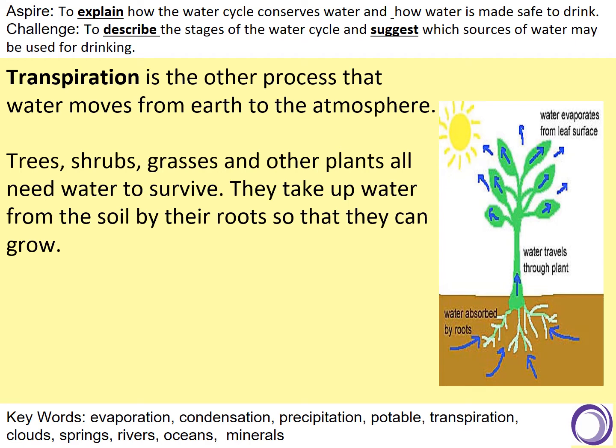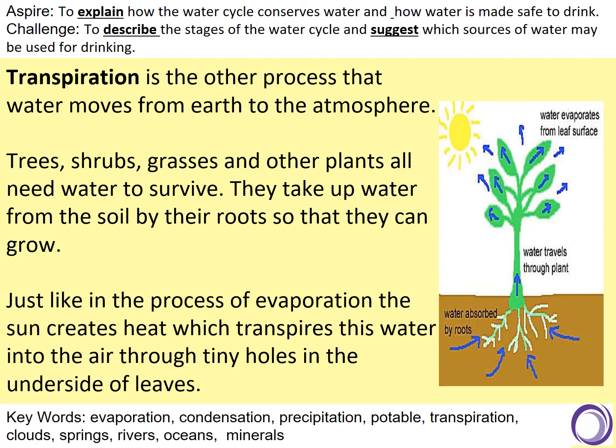But what will happen is that some of that water that's taken up and isn't used for photosynthesis and growth will then evaporate from the surface of the leaves. Again, it's the sun that creates the heat, which causes that water to transpire. And you'll get a chance to look at leaves and the tiny holes under the surface called stomata through which they are allowed to leave. But that's another process by which water vapour gets into our atmosphere from the earth.